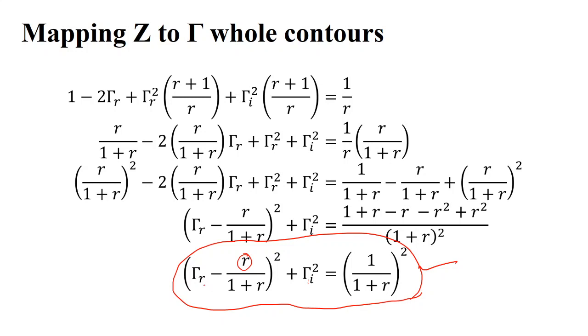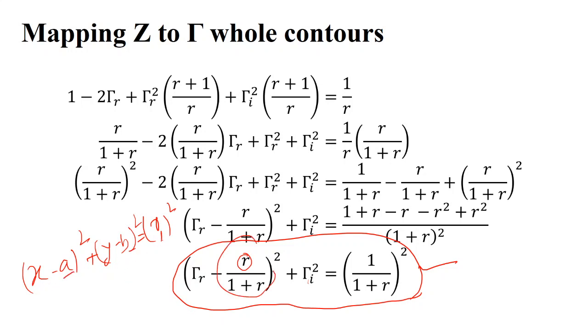For example, (x minus a) whole square plus (y minus b) whole square is equal to, in this case, r1 whole square. So this is the center of the circle, and this is the radius.